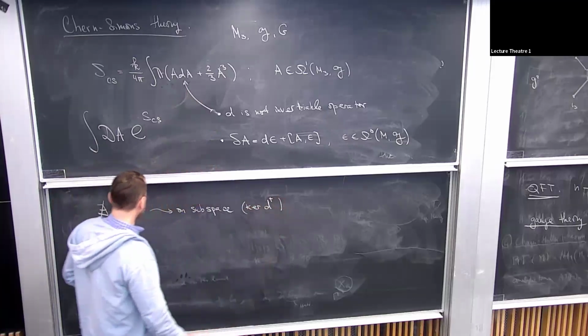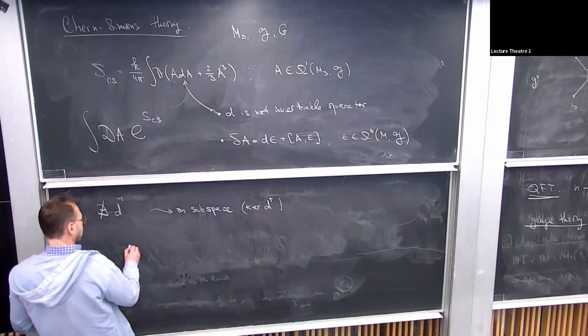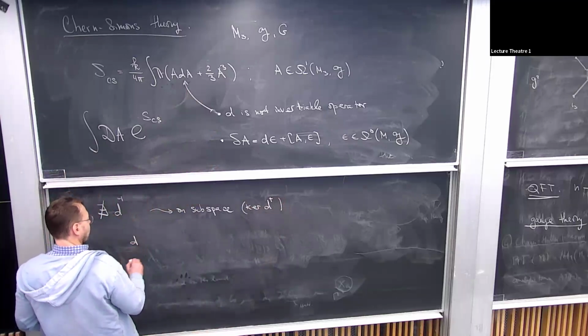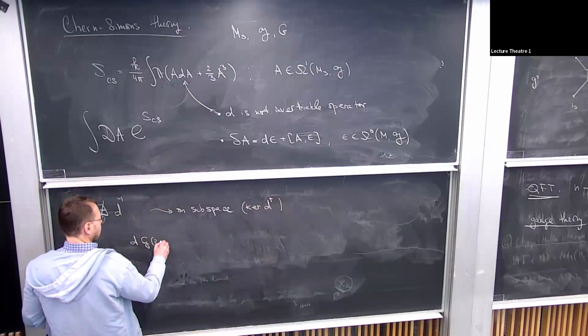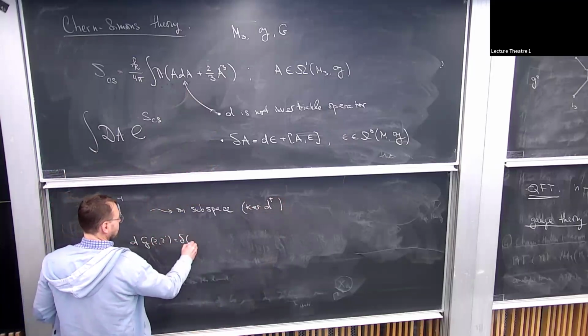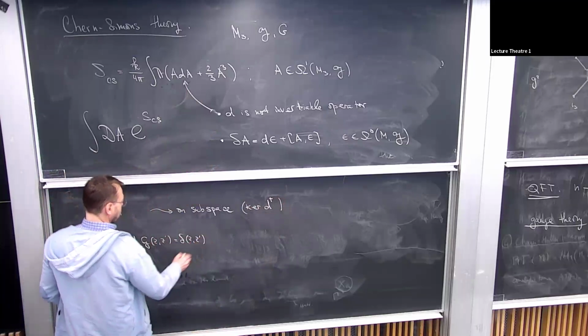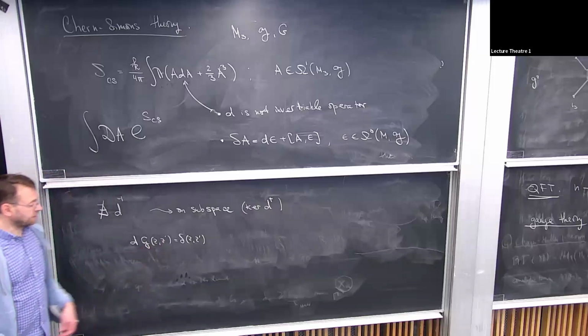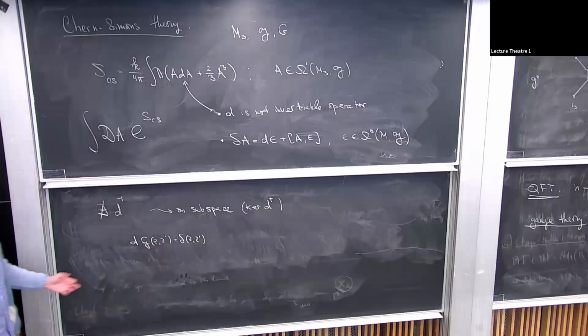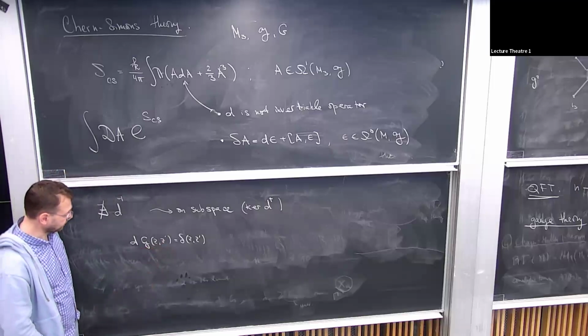If I invert it, I will typically just get some type of Green function. So I will solve some equation, d zeta prime equals delta of zeta prime. And again, I'm saying that I will not be able to make sense of this on all differential forms, so I have to restrict to some subspace. Okay.